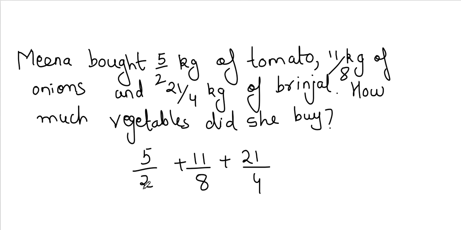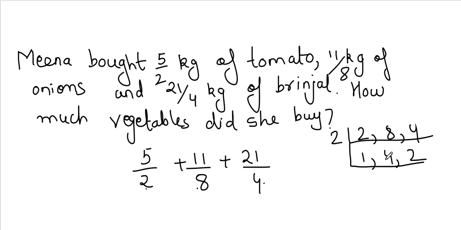We will find the denominator. Is my denominator same? No. Then we will find the LCM of denominator. So 2, 8 and 4 go in which common table? 2. So 2 ones are 2, 2 fours are 8 and 2 twos are 4. Again 4 and 2 go in which common table? 2.